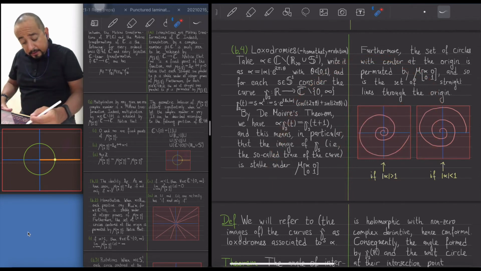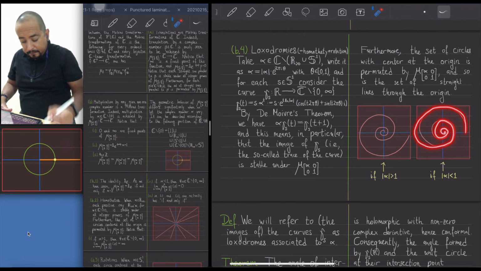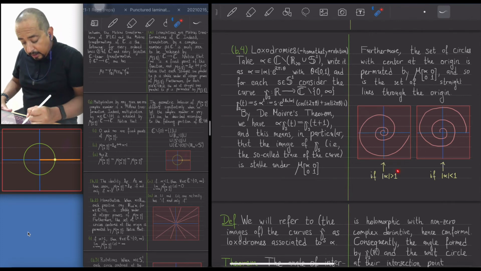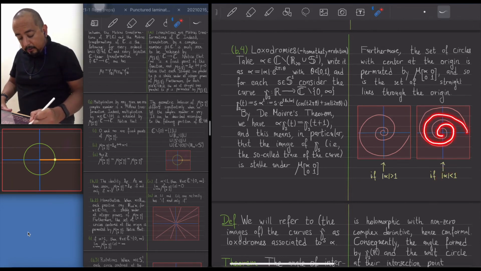And similarly, when the norm of alpha is less than 1, when t increases, you start getting smaller and smaller, close to 0. So again, when alpha is greater than 1, 0 is a repulsor and infinity is an attractor, and when alpha is less than 1, infinity is a repulsor and 0 is an attractor.